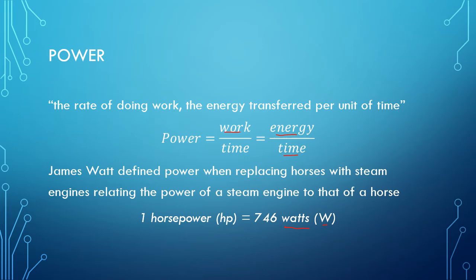We will also be using a conversion factor in some of our problems where we are converting between horsepower, HP, and watts. You'll notice on your equation sheet, this conversion factor is underneath all of your power equations. If you need to go between watts and horsepower, you will be using the equation 1 HP is equal to 746 watts.